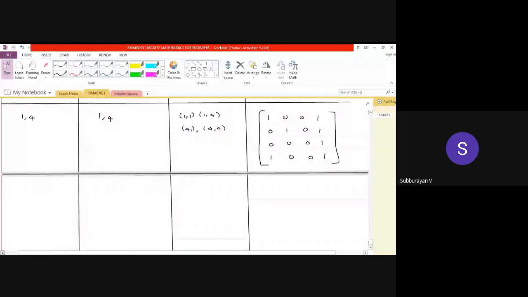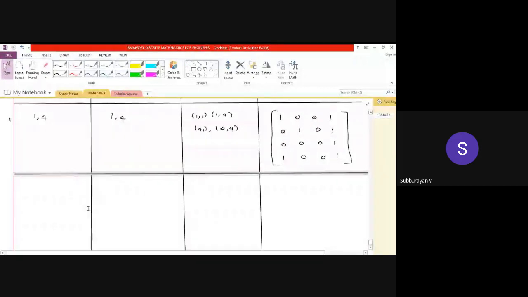Now come to step number 2. Consider this matrix as the initial matrix, then come to column number 2. What are the positions in the second column having non-zero entries? (2,4).